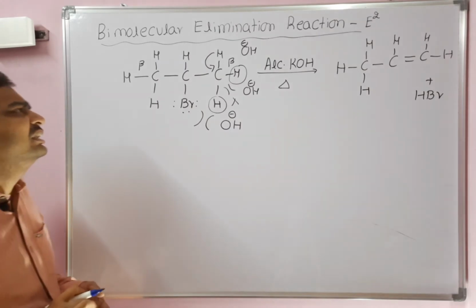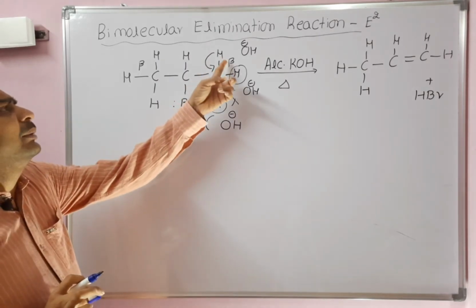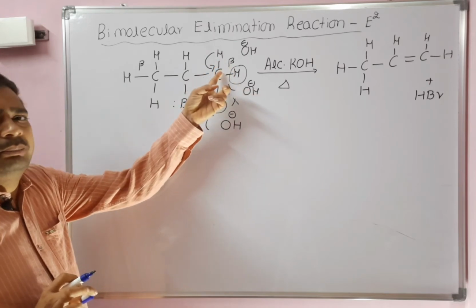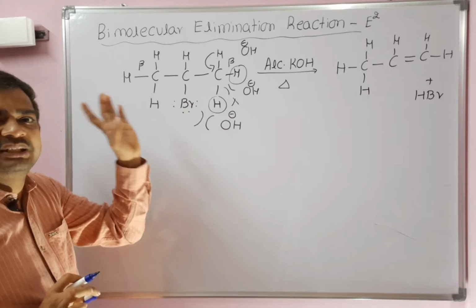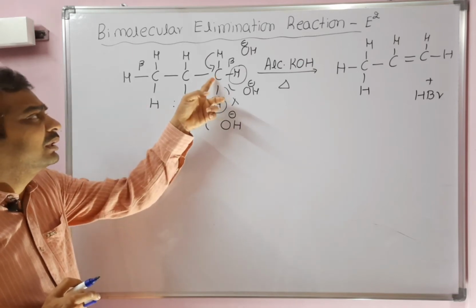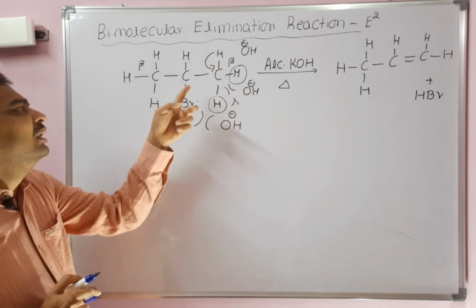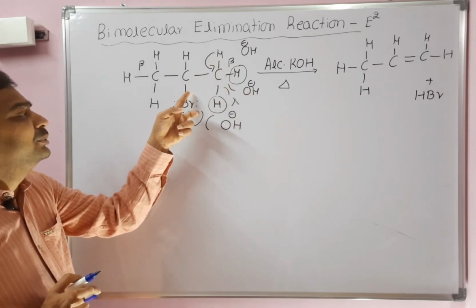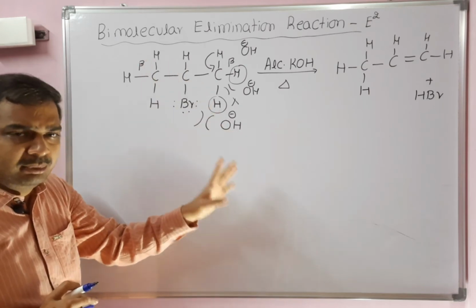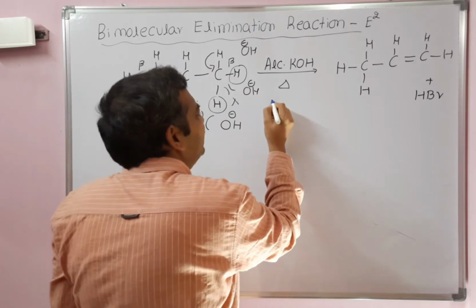Always remember in E2 elimination, base abstracts a proton at beta carbon which is opposite to bromo. The hydrogen in the opposite direction with respect to the bromo on beta carbon will be abstracted by a base. That's why it is anti-elimination.